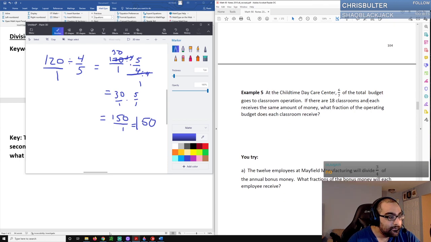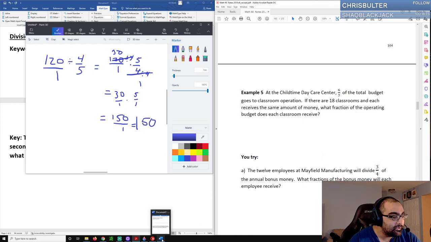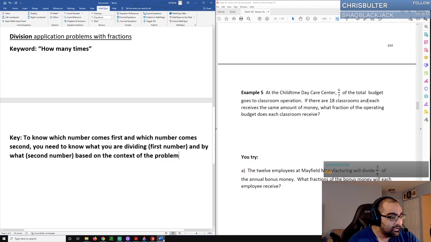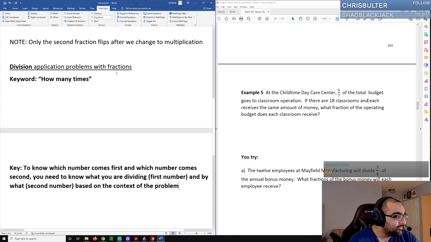Okay, so let's talk about one of the things here in terms of our keywords. Our keywords here are talking about receiving the same amount, okay? So you know that's even division there. Or again, what fraction does each get? Another keyword would be how many times, or receive same amount each.